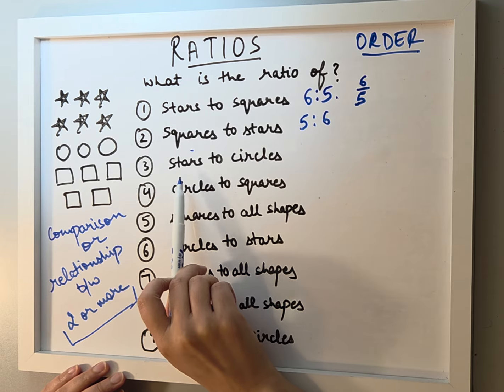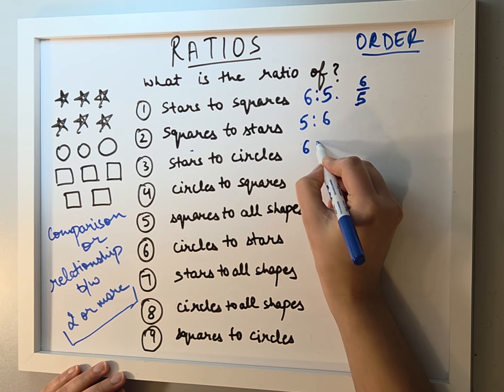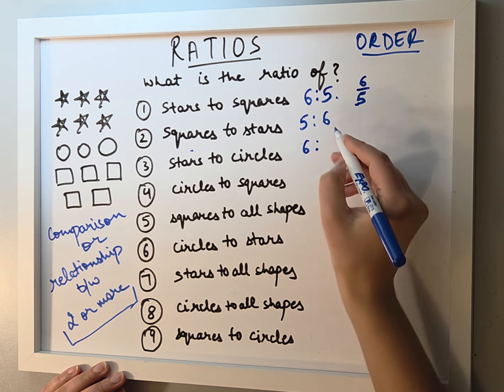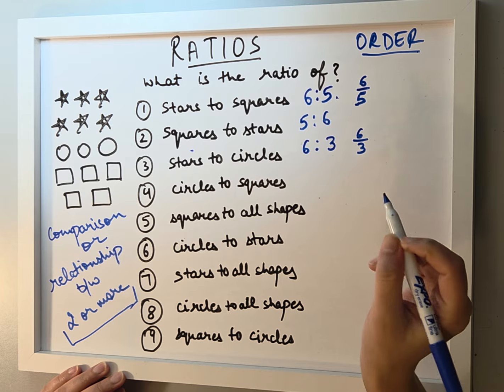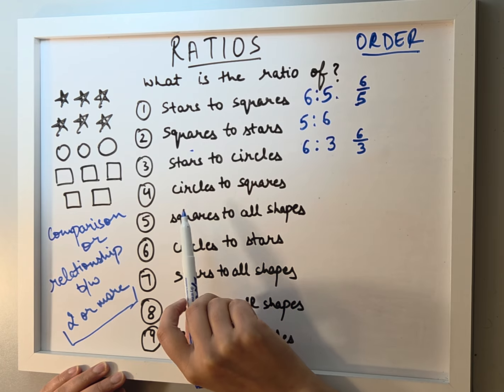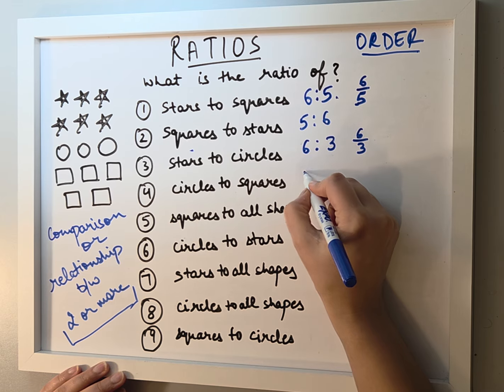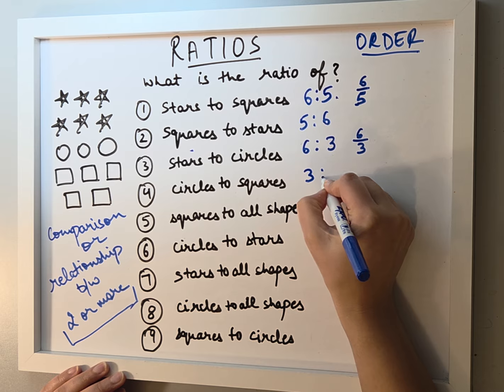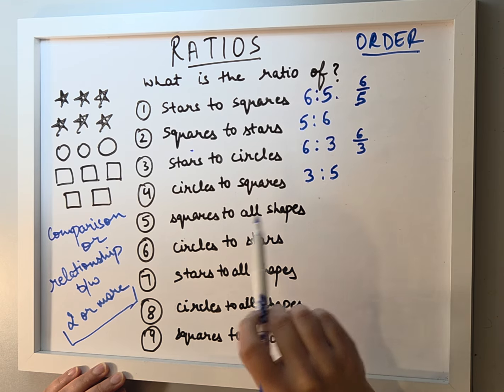Now, what is the ratio of stars to circles? We have 6 stars, and how many circles do we have? 3. And we can also say 6 by 3. Then what is the ratio of circles to squares? Circles are 3 and squares are 5, so 3 ratio 5.